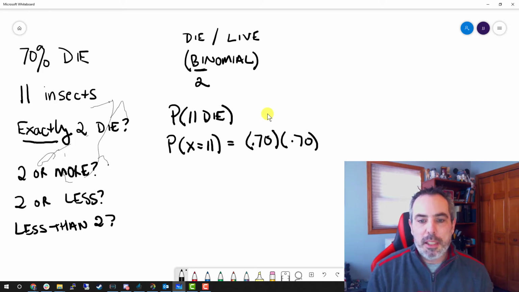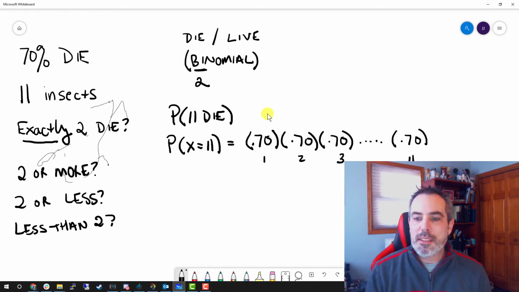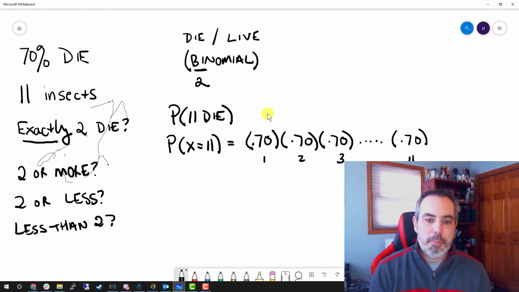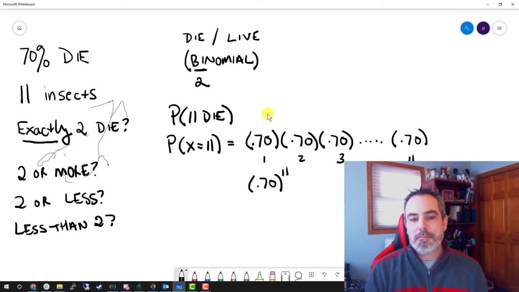Here would be the probability that 2 of them, here would be the probability that 3 of them, and I'm going to do this until I have 11. So this would be 1, 2, 3, all the way till 11 insects die, right? Simply 0.70 to the 11th power. That's the probability that all 11 insects die.